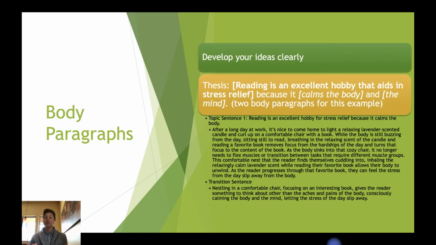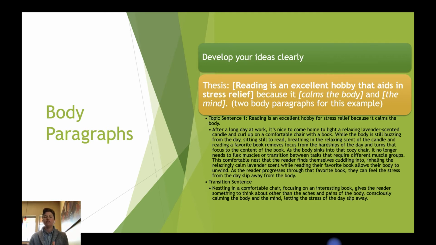And then our transition sentence into our next paragraph is going to take that content from calming the body and help the reader recognize that calming the mind is coming next. So that transition sentence could be: nestling in a comfortable chair, focusing on an interesting book, gives the reader something to think about other than the aches and pains of the body, consciously calming the body and the mind, letting the stress of the day slip away.